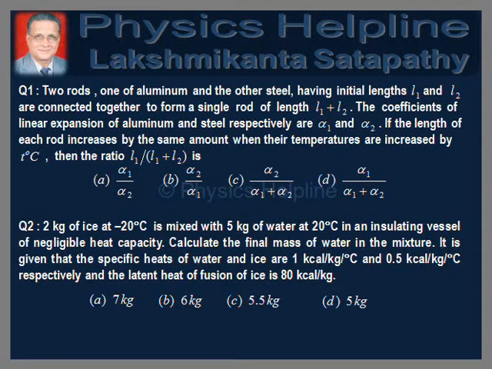It is given that the specific heats of water and ice are 1 kilocalorie per kg per degree C and 0.5 kilocalorie per kg per degree C respectively, and the latent heat of fusion of ice is 80 kilocalories per kg. The options are 7 kg, 6 kg, 5.5 kg and 5 kg.